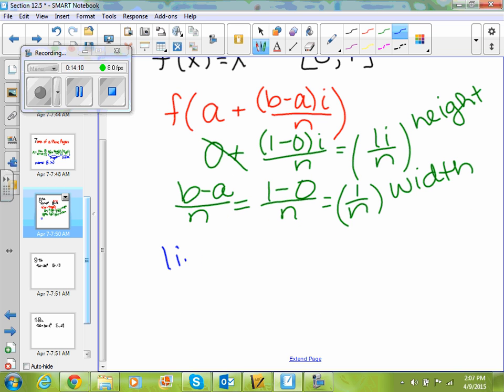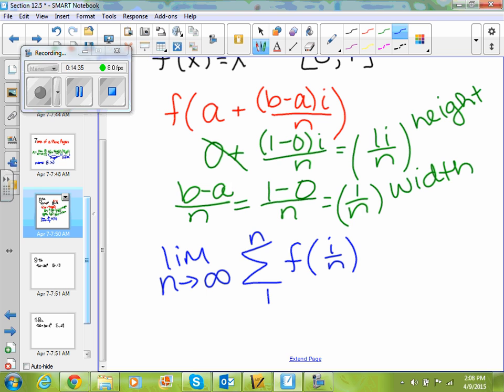And so I'm going to find my limit as n approaches infinity of my sum from 1 to n of f of my height, so f of i over n, times my width, so 1 over n.